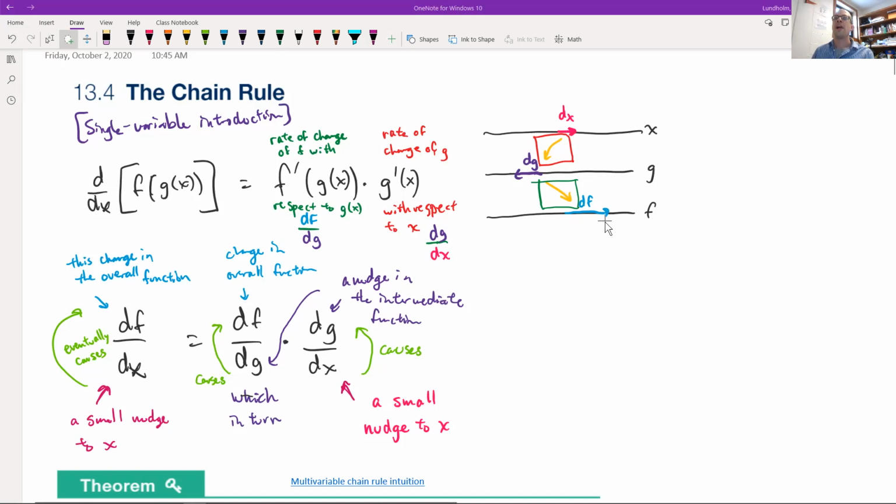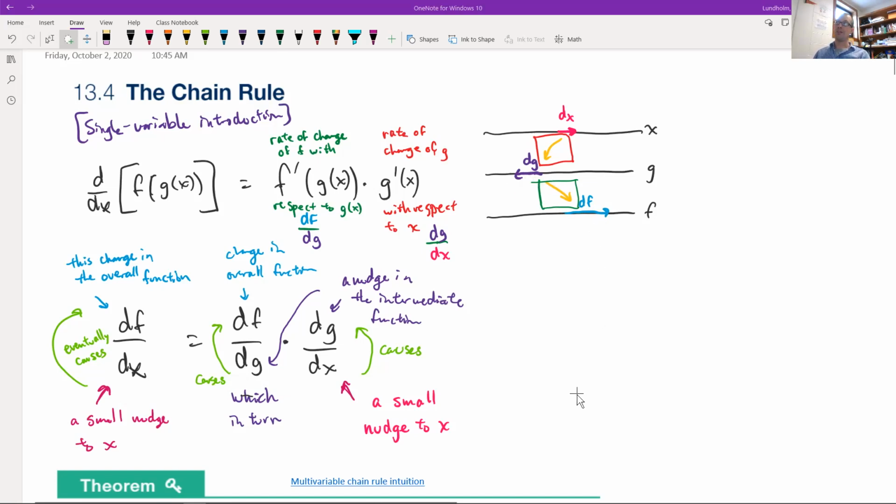That's going to cause another nudge. And what we're doing right here is we're multiplying together two rates of change. It's the rate of change between dg and dx, which is the derivative of g with respect to x. It's g prime of x. So this part is this rate of change. It's the speed at which g changes with respect to a change in x. This one is the speed at which f changes with respect to a change in g.